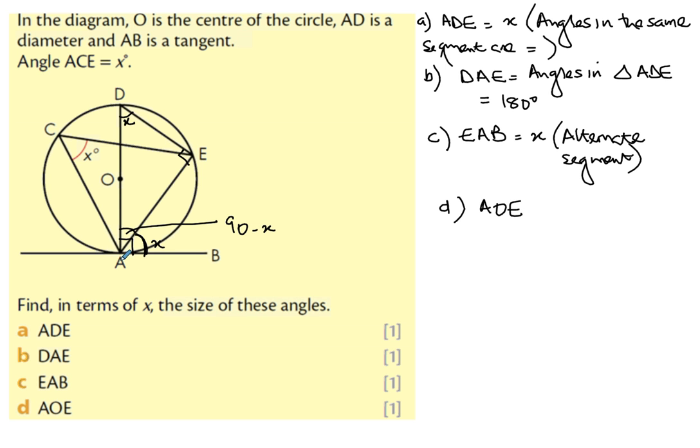Where's AOE? We have to draw that line there. And can you tell again, we've marked our radii, so we know that's an isosceles.